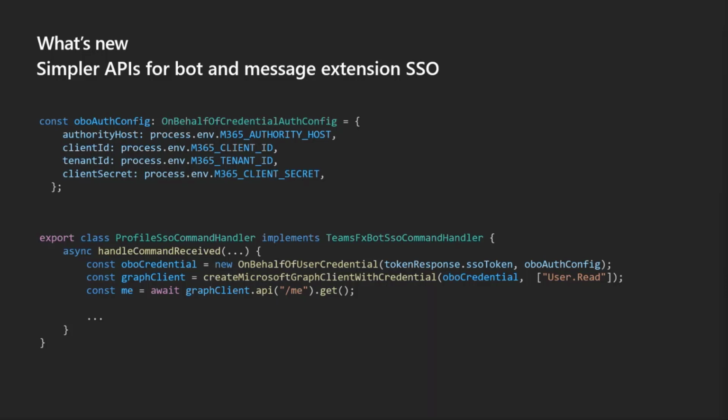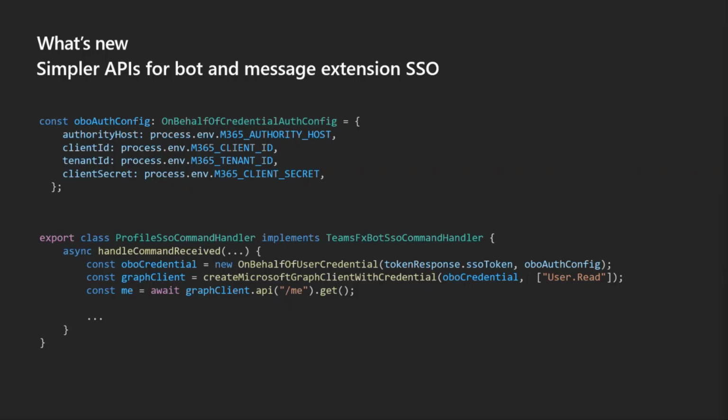So we basically have this TeamsFx bot SSO command handler, and the change we did is we've broken out these interfaces for the way you configure the authentication scheme. So you can do different types of authentication here. Here you see we have the OBO credential and basically 3 lines of code here. And then I cut out some of the parameters so that the code would fit on the slide so you could see it a little nicer.